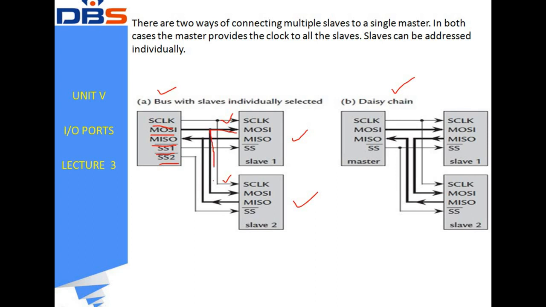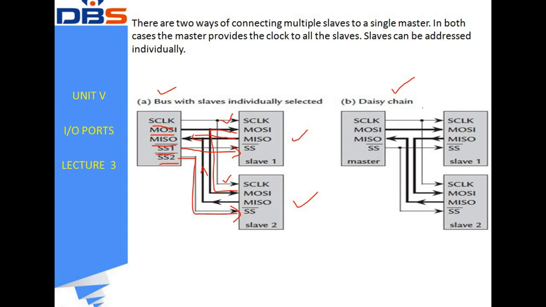And the data is received on the MISO pin, master in slave out. That means from this pin we are receiving the data, and from this pin also we are receiving the data through a single channel. Here the master block will decide individually which slave must be selected.